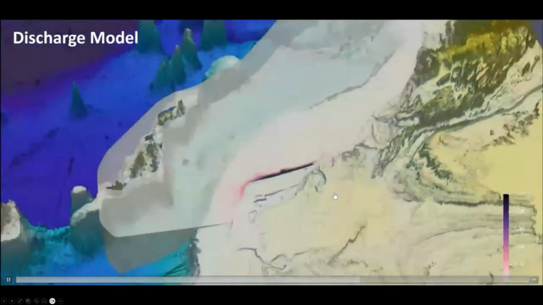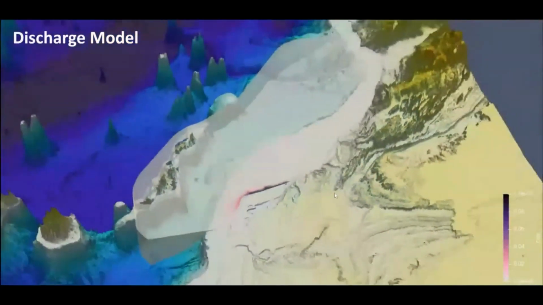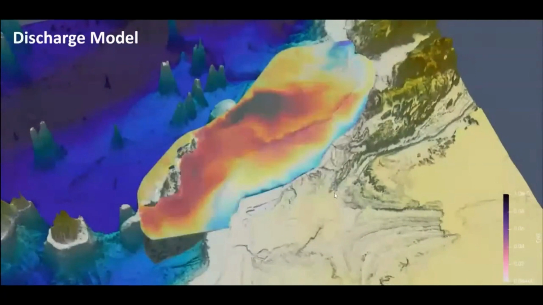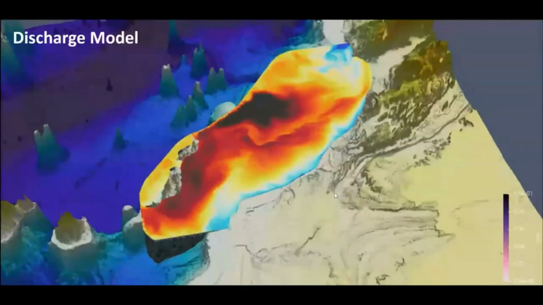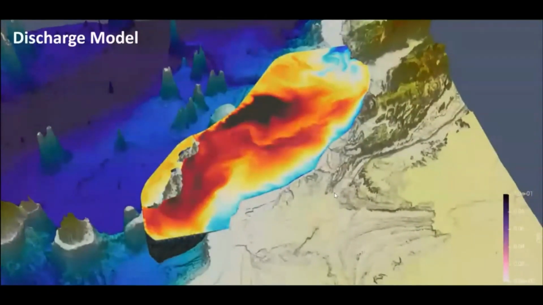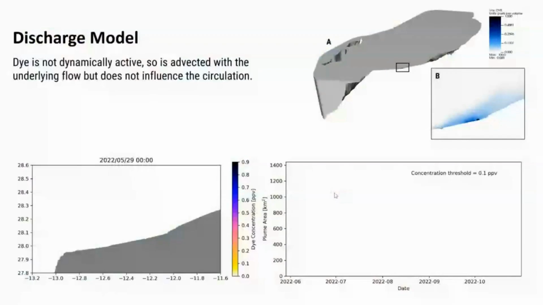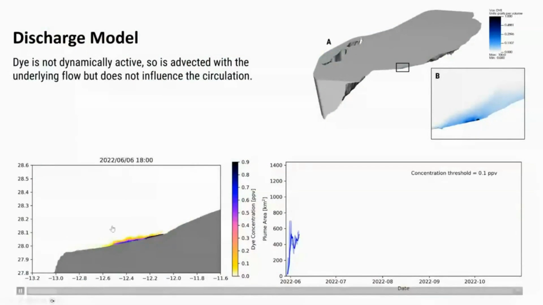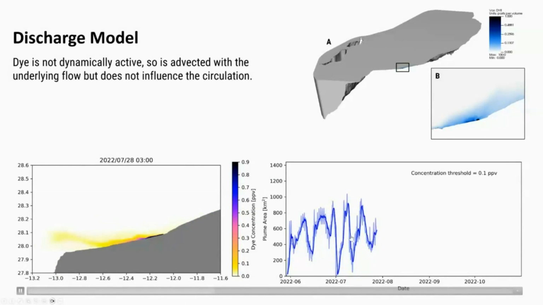We know the properties of this discharge water, and we can predict the plume area. We can then predict the additional carbon dioxide that's sequestered into the ocean. This again shows the dispersion of the discharge water as the plume, and we can predict the plume area from that and use it to calculate the additional carbon dioxide uptake.